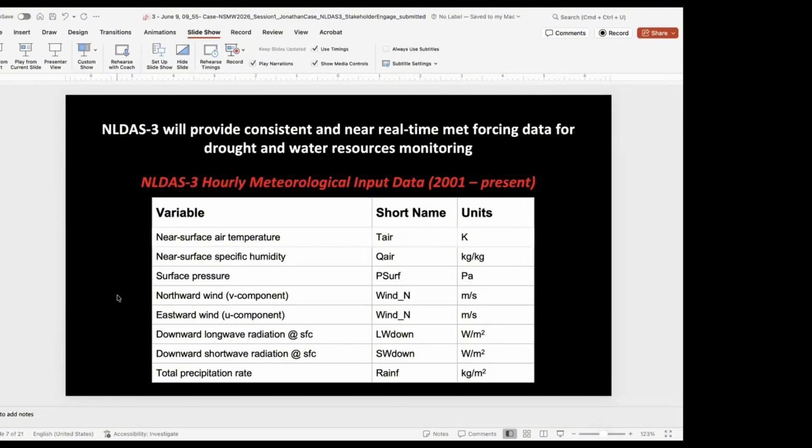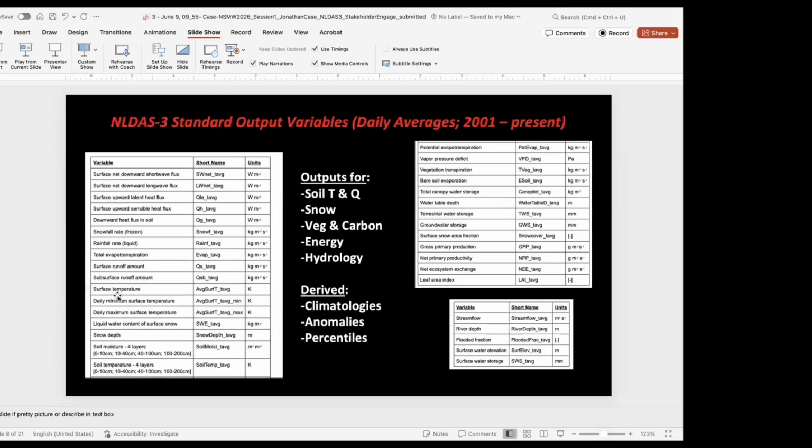These key hourly inputs then drive the land model integration and data assimilation, which also spans 2001 to present and gives you key output variables of temperature and water in the soils, snow, vegetation and carbon, energy, hydrology, and also derived core quantities such as climatologies, anomalies, and percentiles.